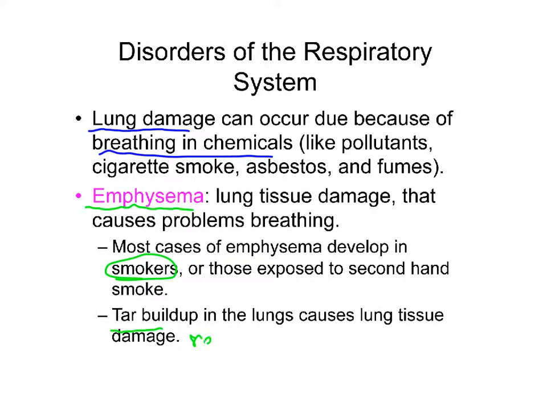Basically what happens is it reduces the flexibility of the alveoli. And so the alveoli can't expand and contract, so the diaphragm will move down, but the lungs have problem increasing in volume, and so gas exchange is difficult.